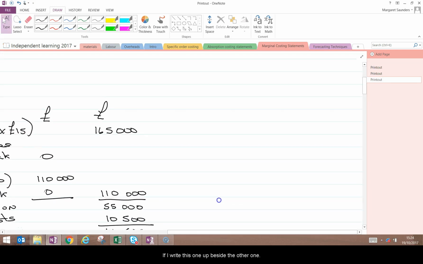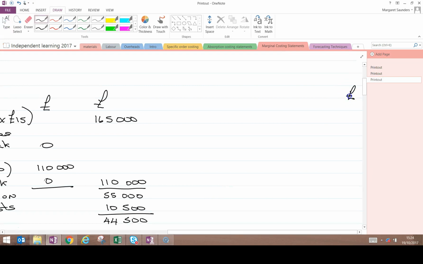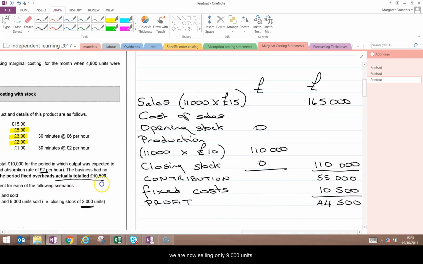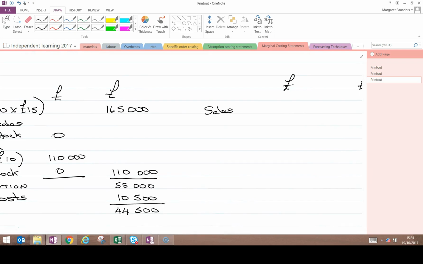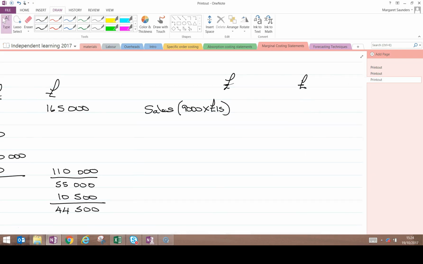If I write this one up beside the other one, so sales, we are now selling only 9,000 units. So that's 9,000 times 15, £135,000 worth of sales.